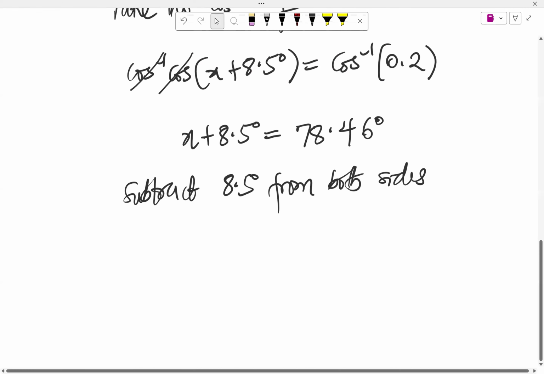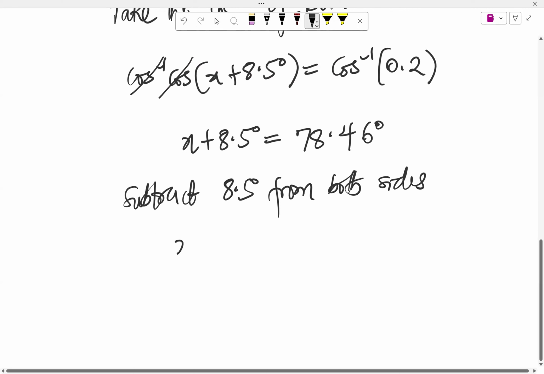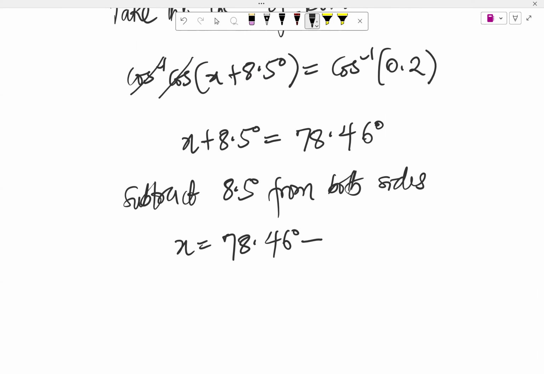So we have x equals 78.46 degrees minus 8.5 degrees.